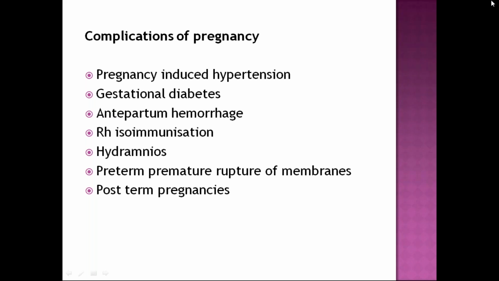Post-term pregnancy: because of decreased liquor and meconium liquor, if it is not delivered at the right time and is delayed, it is associated with oligohydramnios and meconium. Again, it is a danger for the baby.